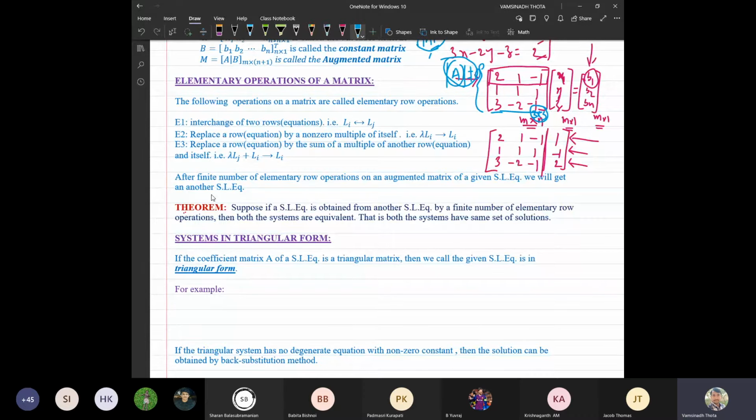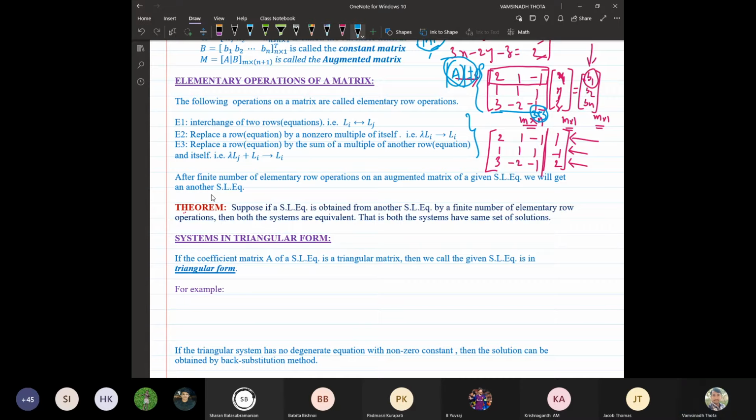E3 is multiply a row with a scalar, then add that multiple to another equation and replace the present equation. So these are exactly the three operations you have already seen, and you have been doing them from maybe upper primary school onwards. I hope all of you know this technique, so I'm not spending much time here.